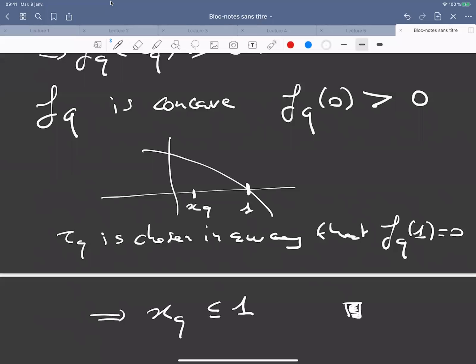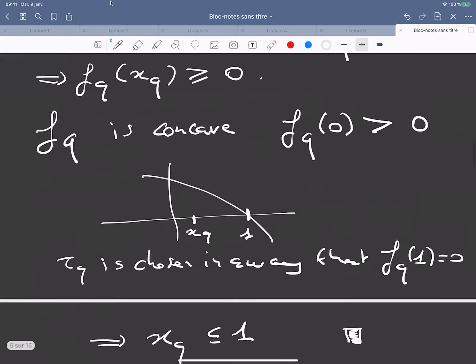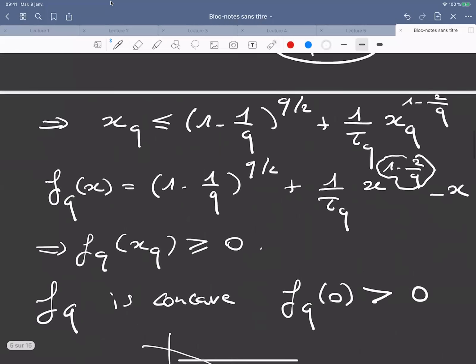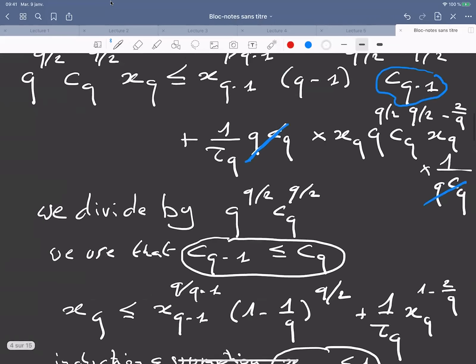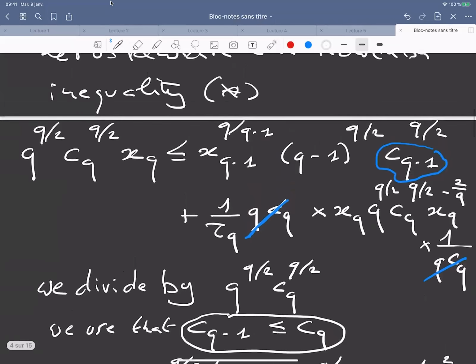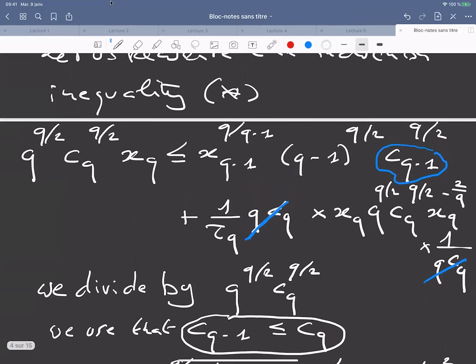So the story is rather simple. When you build this proof, you don't know in advance, of course, what is the right choice of tau q to make, but you have a guess, which is that tau q has to be monotone. So you assume that it is monotone.